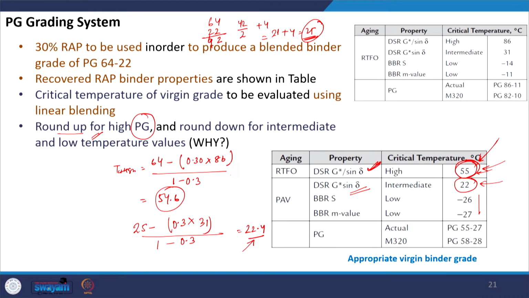So this is what they have obtained, which means that the binder grade we are targeting, the critical grade, should be PG 55 minus 27, and the actual grade as per ASTM M320 should be PG 58 minus 28. So this process tells us how to select the appropriate PG grade, considering that the percentage of RAP binder is fixed and the target grade is fixed. This is the first example.